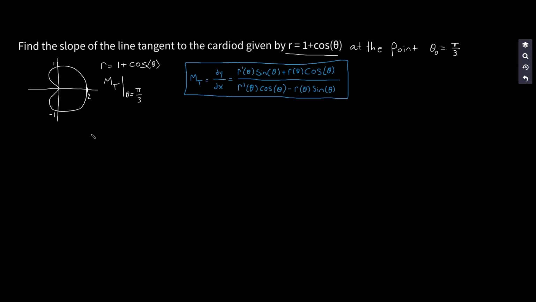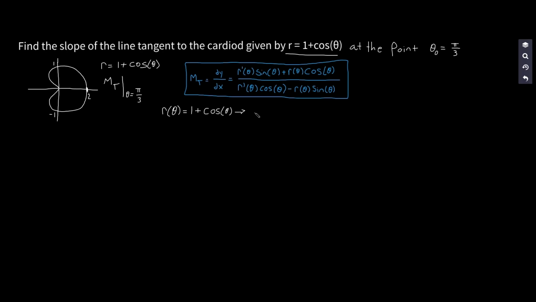Let's start running through this. The first thing we should do is establish that r of theta equals 1 plus cosine of theta. That's what r is set to. And we know what theta is because it's pi over 3.